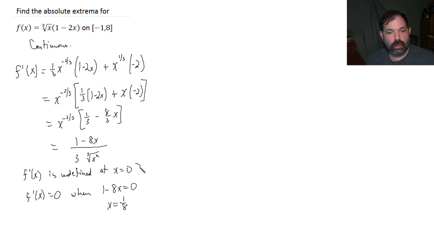So we have two critical numbers, at x equals 0 and x equals 1/8. And they are both in the domain that we were given, from negative 1 to 8.